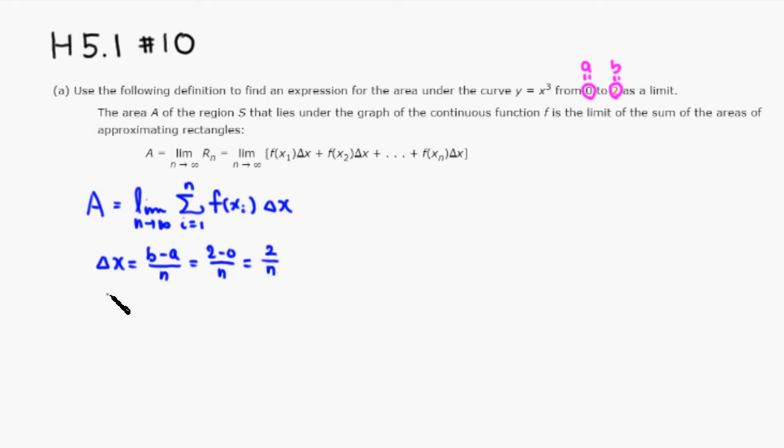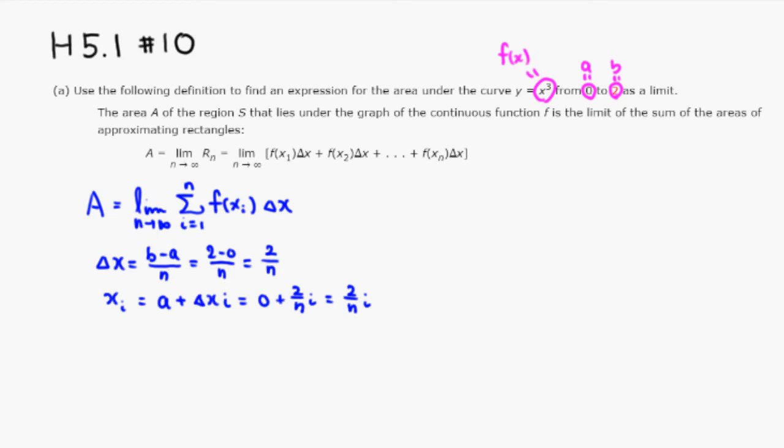And xi is always a plus delta x times i. A in this case is 0 and delta x is 2 over n, times i. So we have 2i over n. Then f of x is sitting here. This is our f of x.